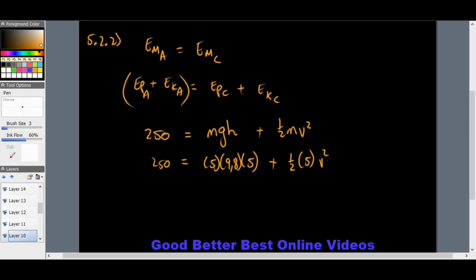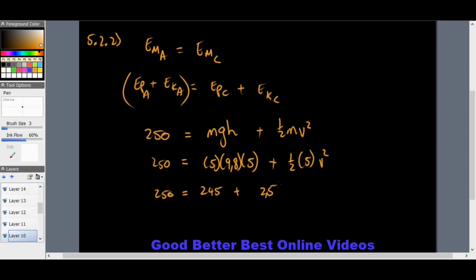We don't know what v squared is equal to. Let me get my calculator quickly. So 5 times 9,8 times 5 gives me, well, 250 is equal to 245, plus half of 5 is 2.5.